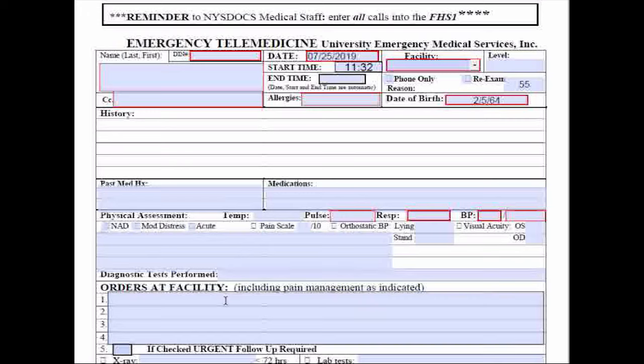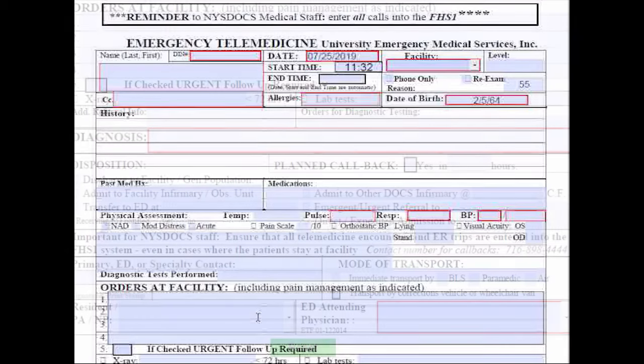Orders at the facility, same thing. If you're given any orders, please put that down. Sending them to the hospital is handled down here in a different spot. So hold off on that, that's not what we're talking about. We're talking about orders like nitro or oxygen or an aspirin or a Tylenol or whatever.